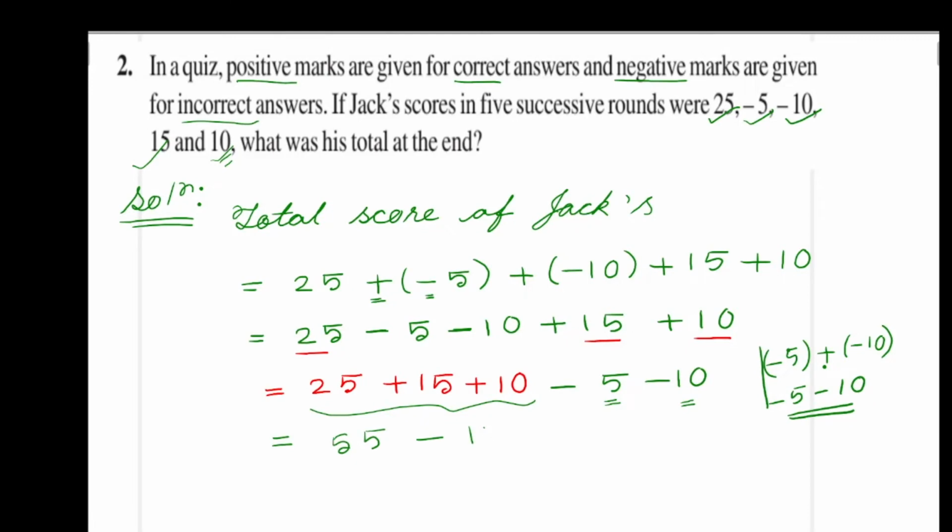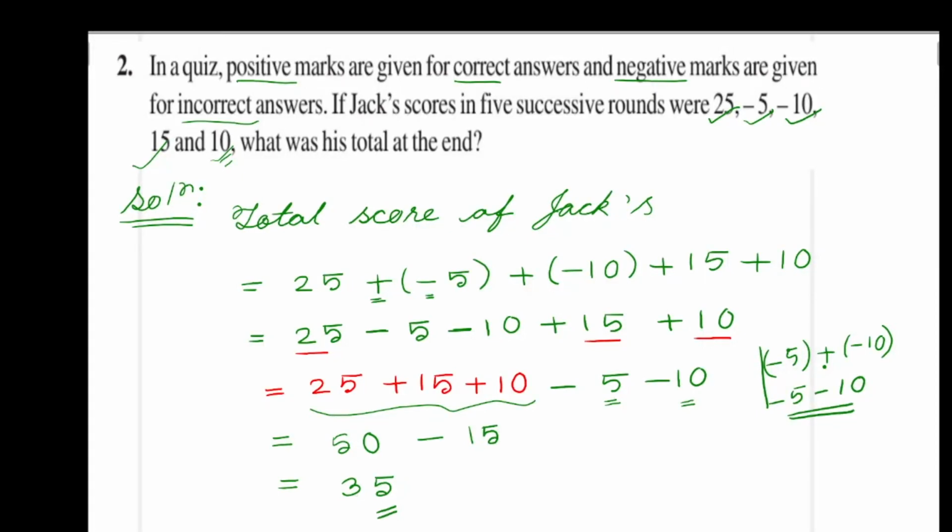So, it will be minus 5 minus 10, minus 15. So, what answer will we get? It will be 50, not 55, 50. So, the answer we will get is 35. Okay. So, the answer you have to write: total score at the end is equal to 35.